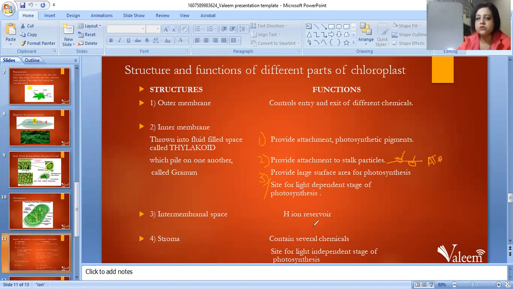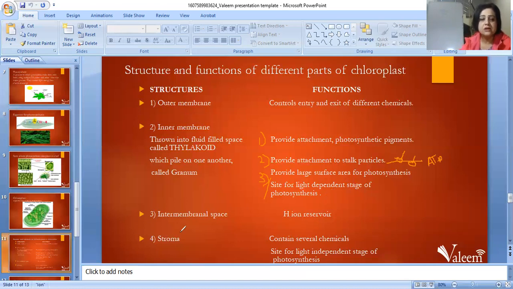Hydrogen ions also play a very, very important role in formation of ATP, which is needed in the dark stage of photosynthesis. Even to my O-level students, you all know, this is your basic knowledge, that photosynthesis takes place in two stages: light stage and dark stage. So during light stage, ATP is formed which helps in the dark stage of photosynthesis.